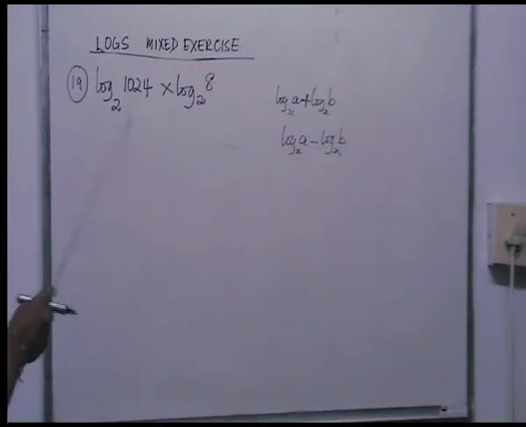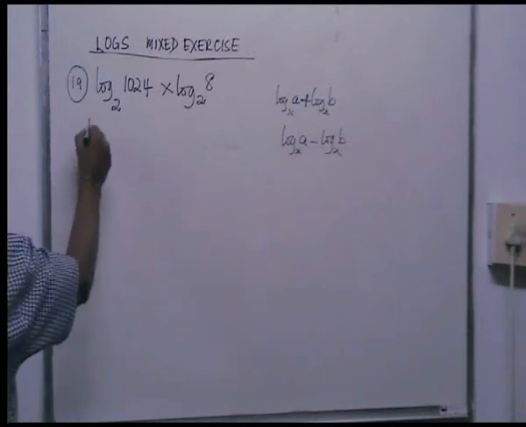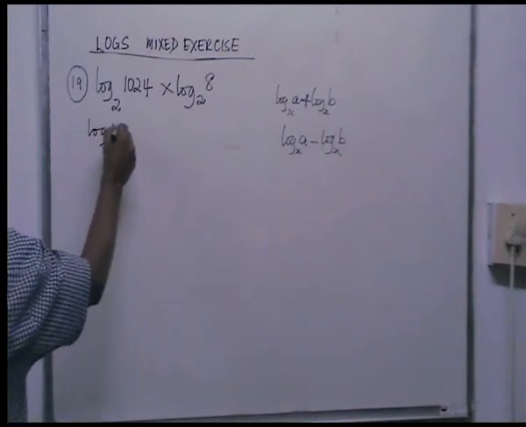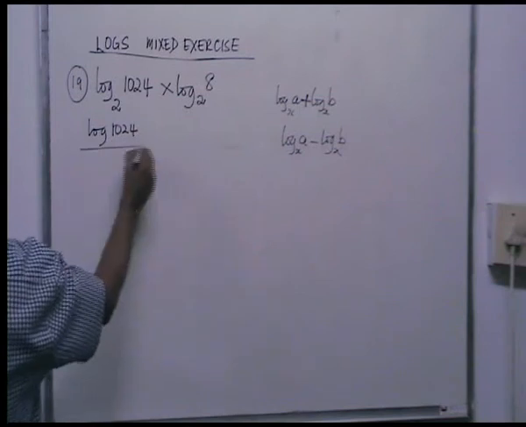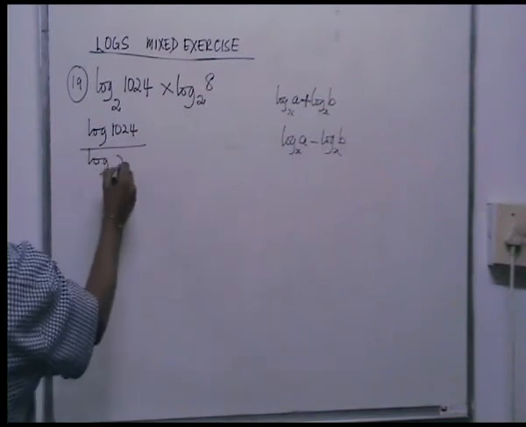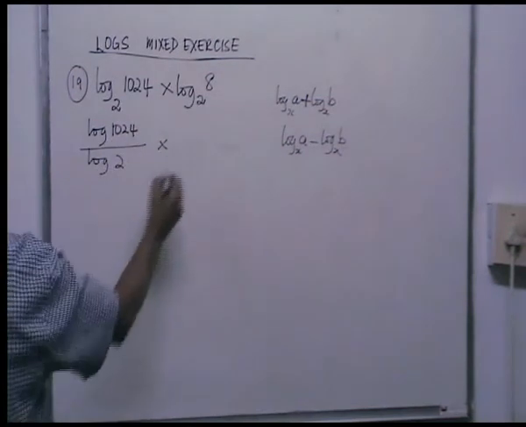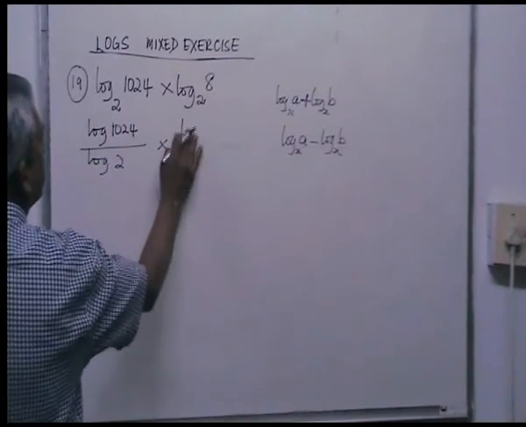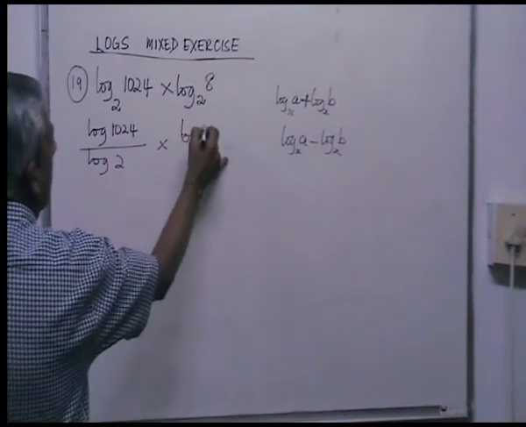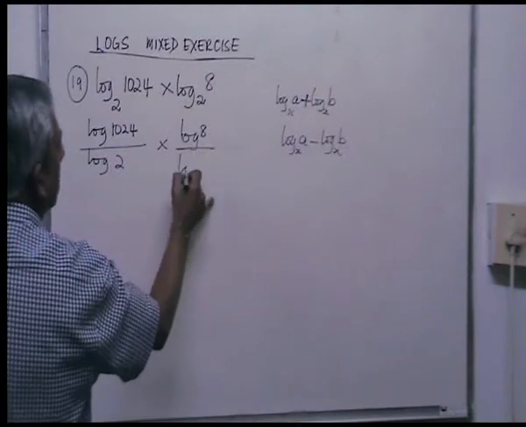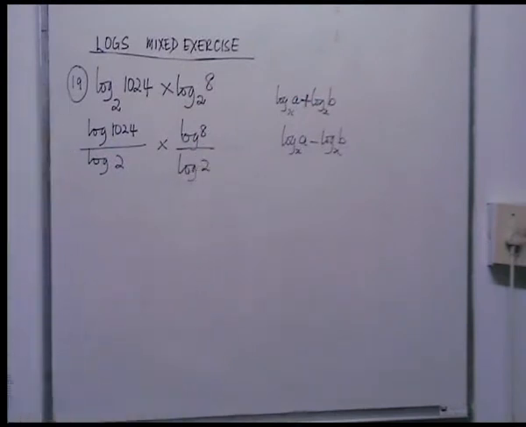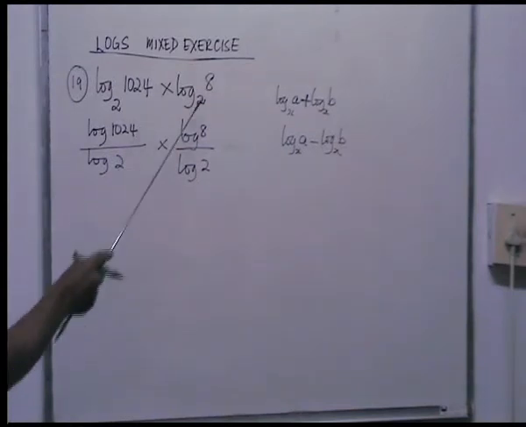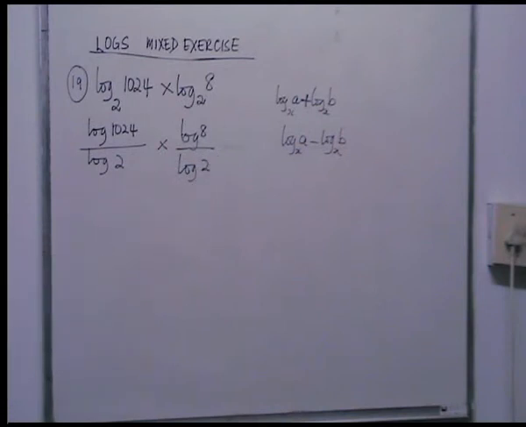So if I want to do this on its own, I can just change base. So it will become log 1024 over log of 2 times log of 8 over log of 2. You see, I'm changing base on this part over here, I'm just bringing down that sign, and I'm changing base over there. Now I put this into the calculator.